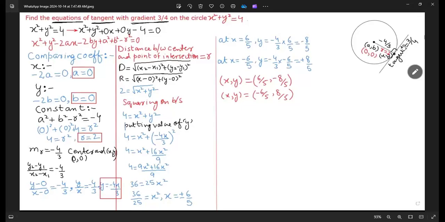So now what I'm going to do over here is that first of all I will start with the first one for x comma y equals to 6 over 5 comma minus 8 over 5. Okay, this is the thing.